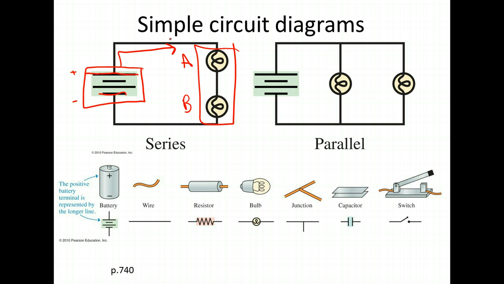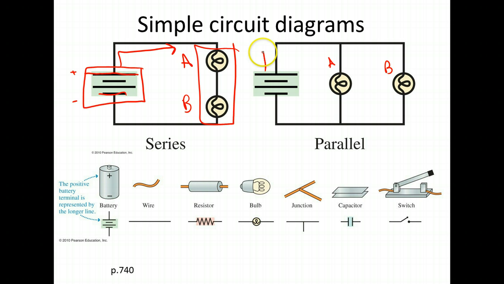And you've already kind of seen me draw these, right? I've been using resistors instead of light bulbs. Again, which light bulb experiences current first? Yeah, light bulb A, right?